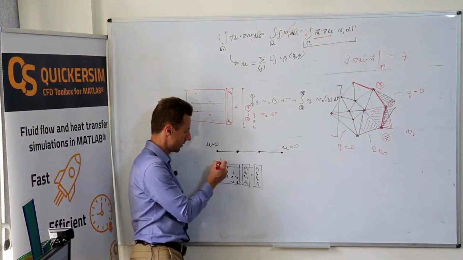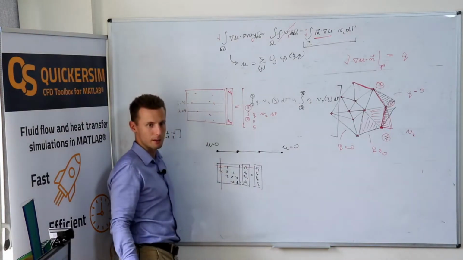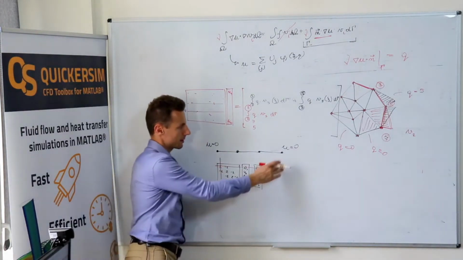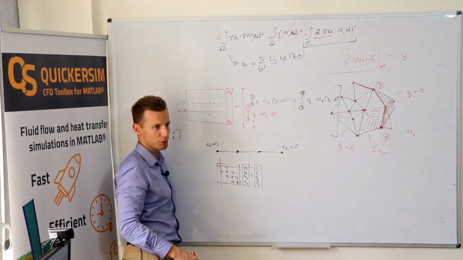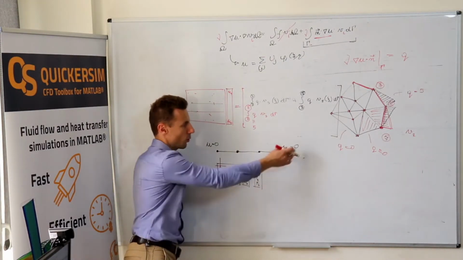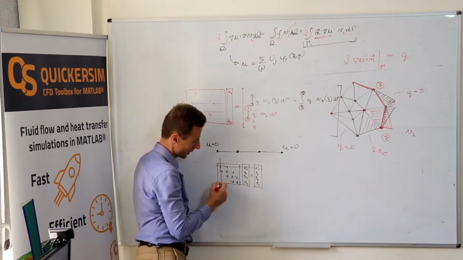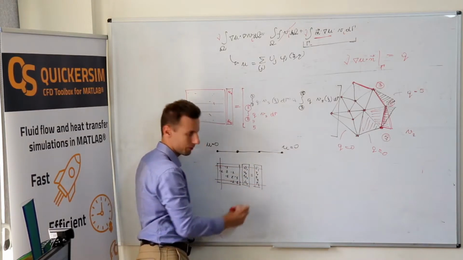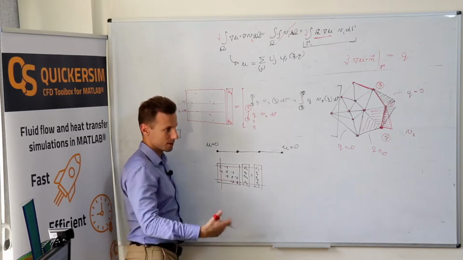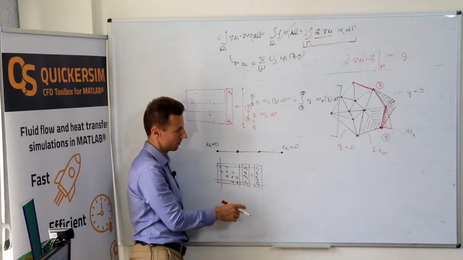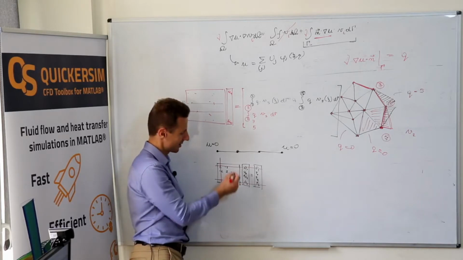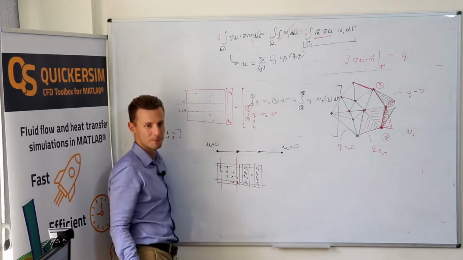So what we can do is simply delete the column. Let's see u4. We've got the equation for that, but we don't need to have the equation because we know what it should be. It should satisfy the boundary conditions. So we delete the equation. And same procedure: equation 3 needs u4, but it's 0. So let's delete it.